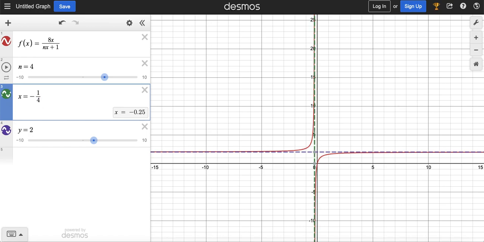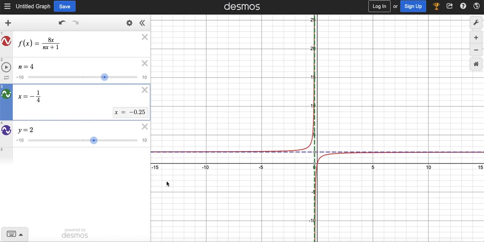We can see that better by graphing the vertical line as well. So there you go. We tried some different values of n, and we found the horizontal and vertical asymptotes.